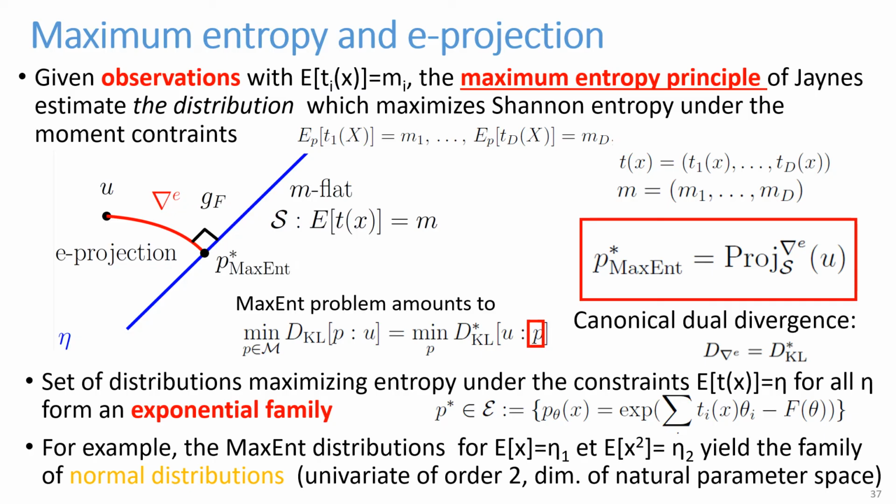Similarly, the maximum entropy principle, which seeks to maximize Shannon entropy under moment constraints, yields an exponential family with the sufficient statistics given by the moment constraints, and this can be interpreted as an E projection or exponential projection by following an E geodesic.